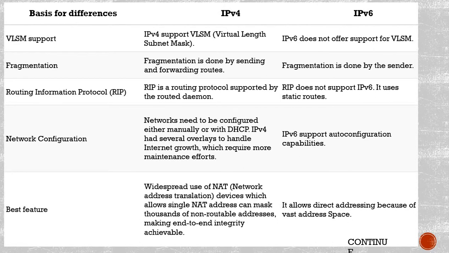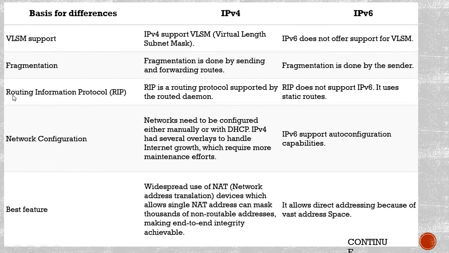Few more differences are over here. IPv4 supports the variable length subnet mask. IPv6 doesn't support variable length subnet mask. Now fragmentation is done by the sending and forwarding routers. In IPv6 it is done by the sender only.